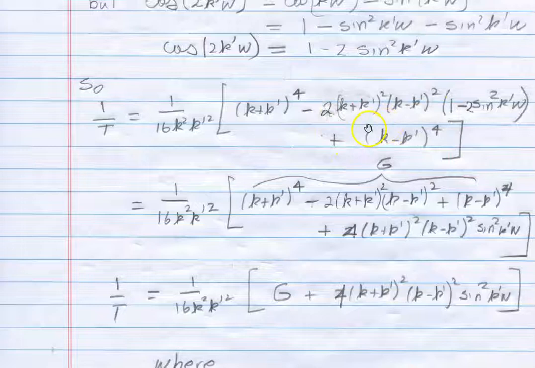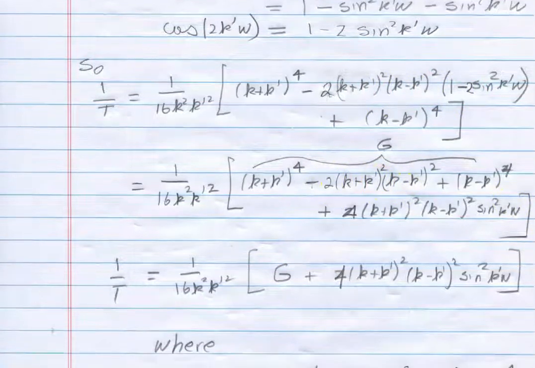I'll get a minus 2 of minus 2 will give me a 4 k prime squared, k minus k prime squared sine squared k prime w. And then I've got this term plus this term. Those are the 2/4. And then I've got a minus k prime squared, k plus k prime squared, k minus k prime squared, times this 1 here, which is where that middle term came from.